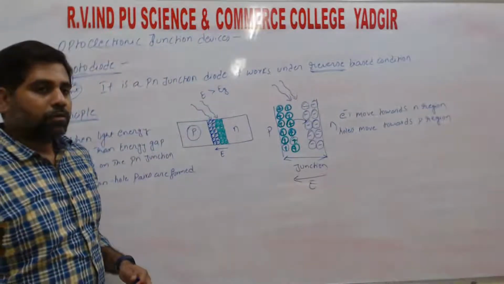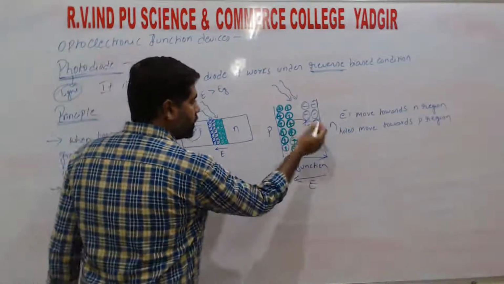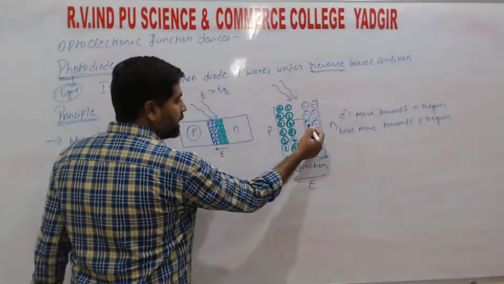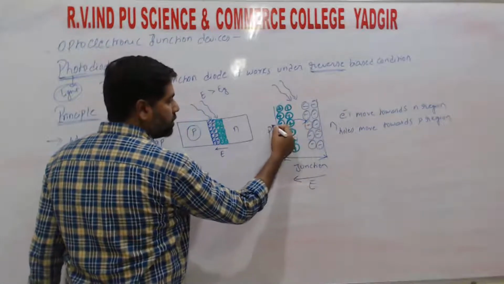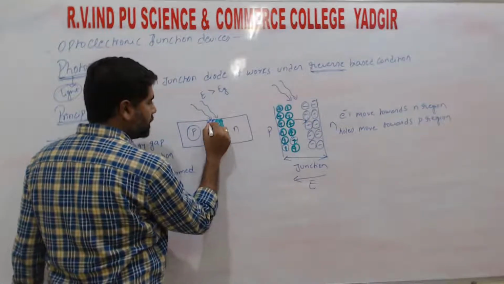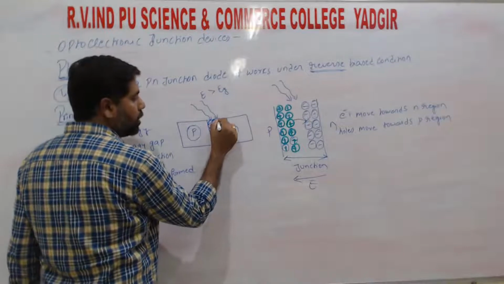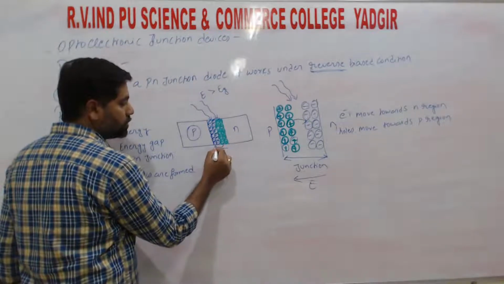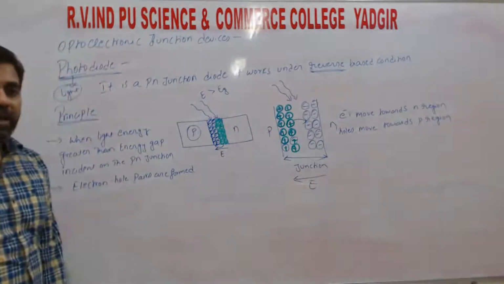So the electrons move towards the n type, and positive charges move towards the p type.